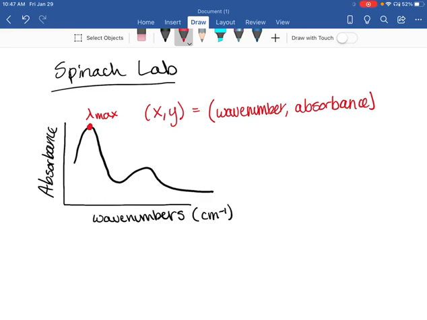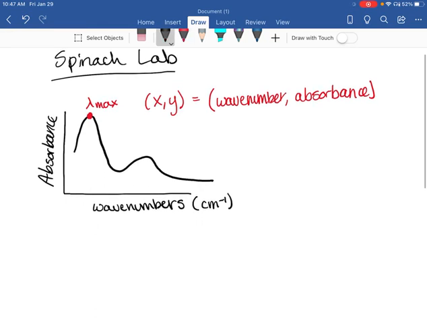Now, what's really useful about that is we can plug in our absorbance into the Beer-Lambert law, although often we just shorten this to Beer's law.